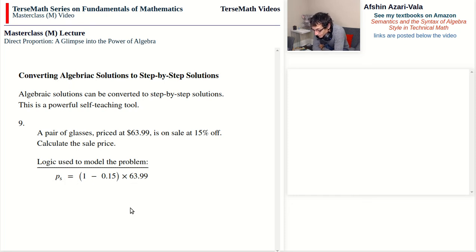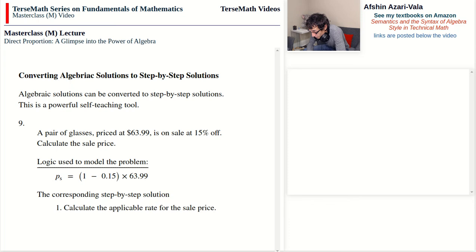If you think about how we would go about solving it, we would first work out the factor here. That corresponds to step number 1. What we are trying to find is the percentage that goes with the sale price, 85%. Once we have it, then we multiply that by the price. That becomes step number 2, and that gives us the sale price. So the corresponding step-by-step solution is: step 1, calculate the applicable rate for the sale price.